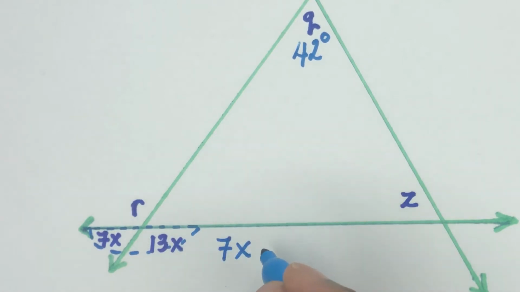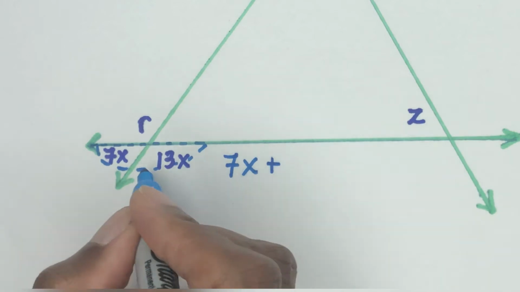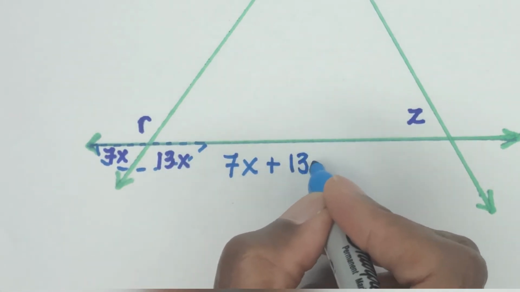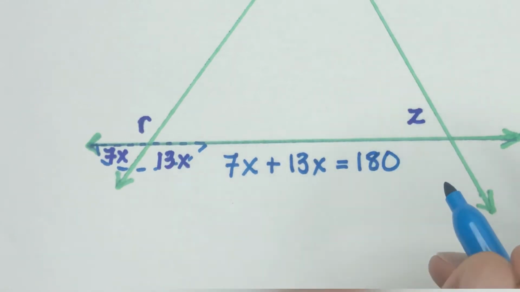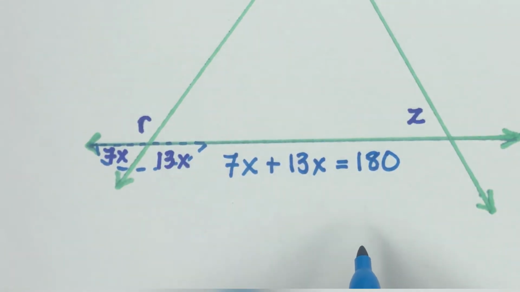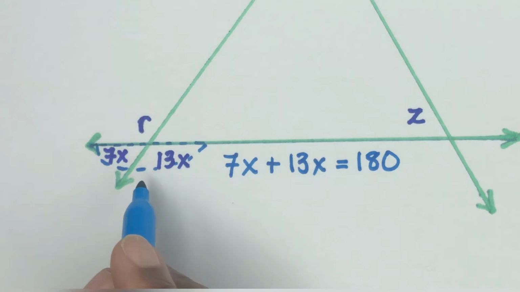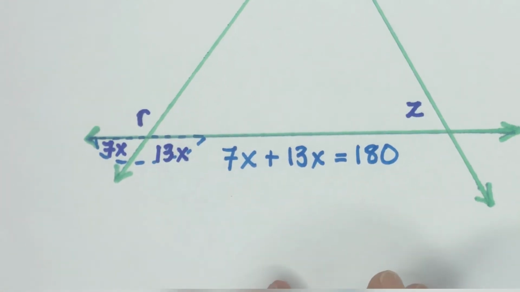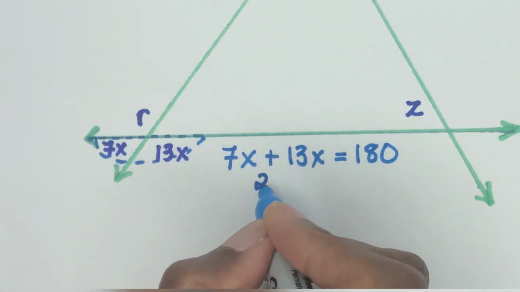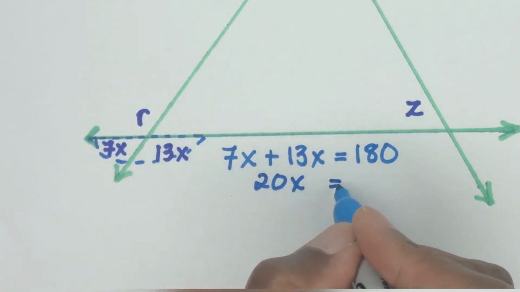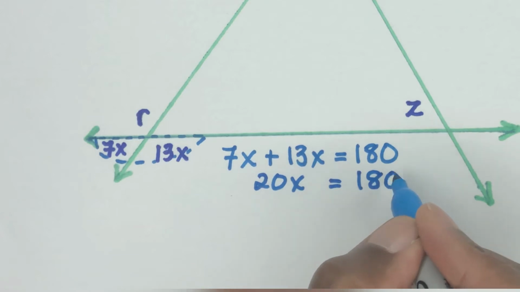So let's set up an equation. 7x plus this 13x is going to be equal to 180 degrees. And then from there, we have to solve what x is and then plug the x in. So what is 7 and 13? So that will give us 20x equals 180.